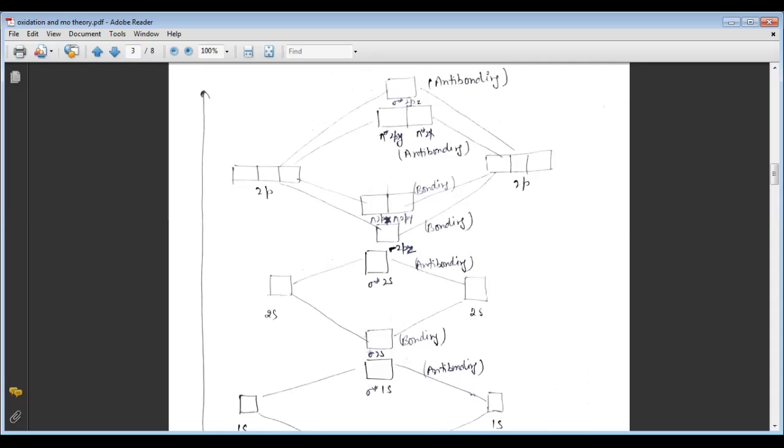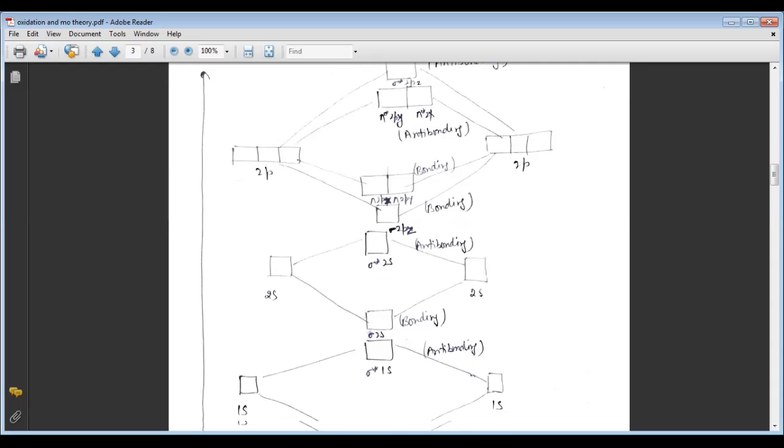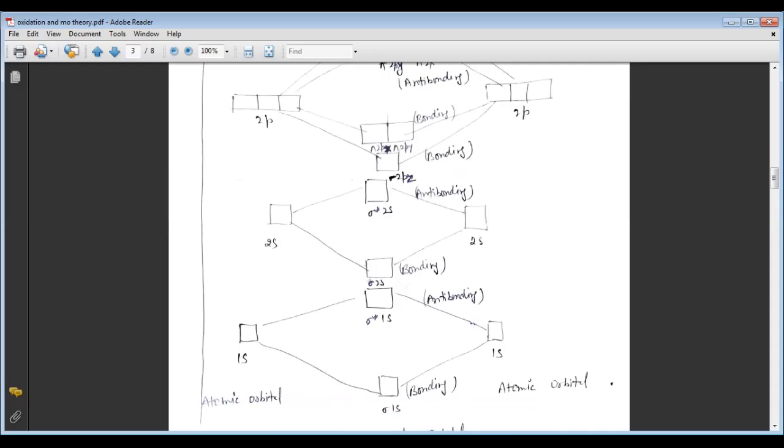We know that the p orbital has px, py and pz, so there are three parts: first px, second py, and third pz. So the total number of atomic orbitals is 6, and the total number of molecular orbitals is also 6. So this is the empty diagram of the molecular orbital theory.